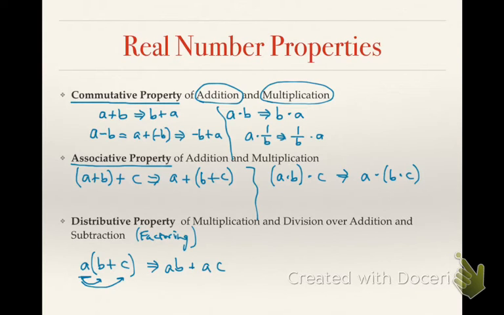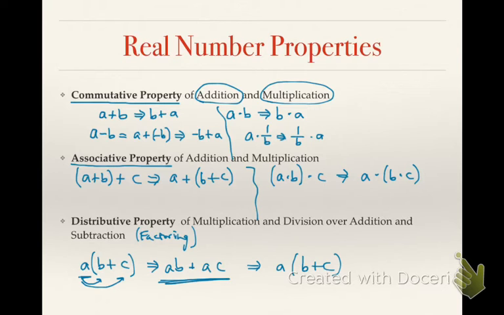Notice if you were to factor out an A from both terms of that binomial, that would bring you into the form A times B plus C. That's also considered the distributive property, even though it's going backwards. It's reverse distribution.